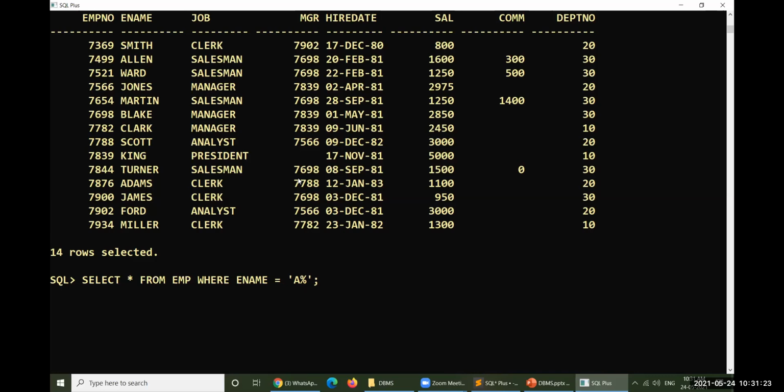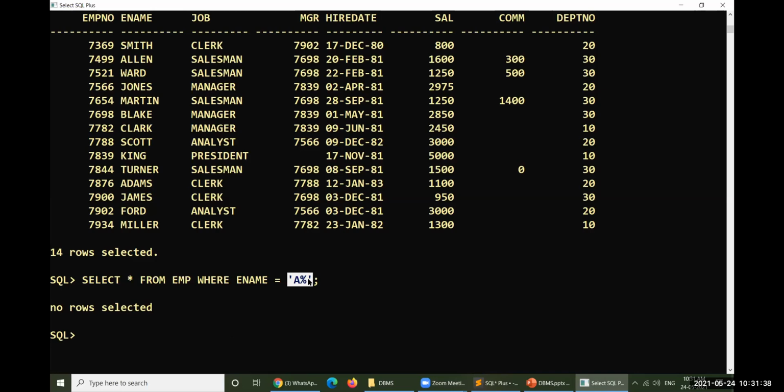If you operate something like this, it could not give you any answer. The relational operator equal to cannot be compared with regular expressions.